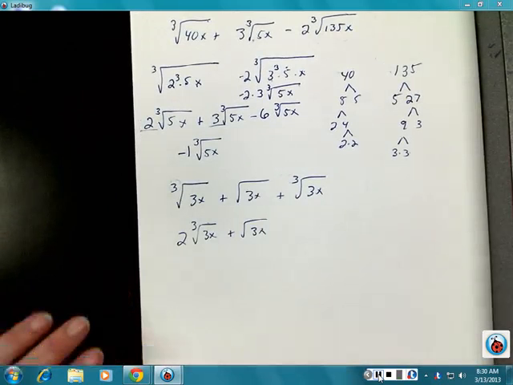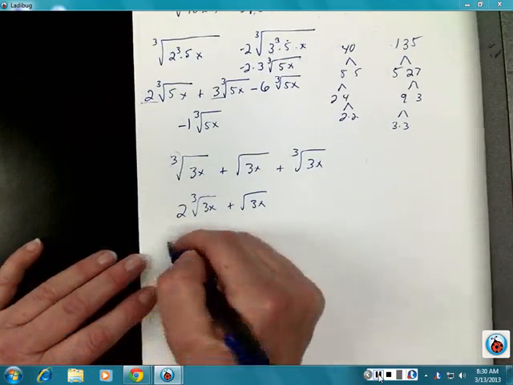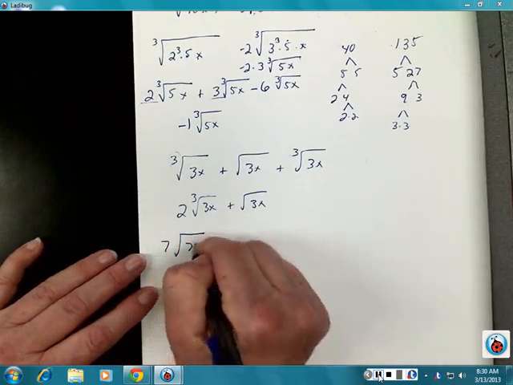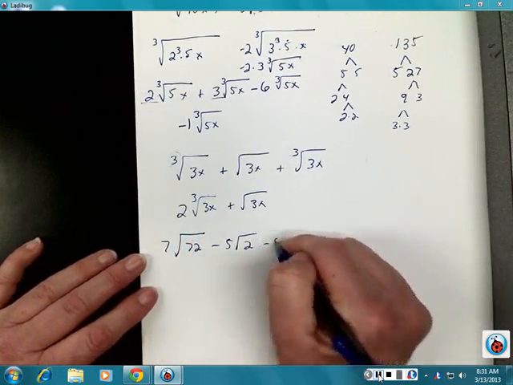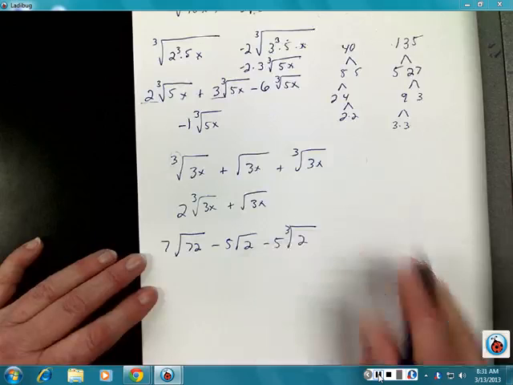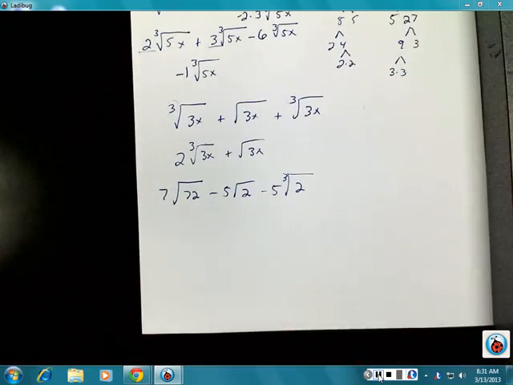How about this one? 7, the square root of 72, minus 5, the square root of 2, minus 5, the cube root of 2. What's going to happen with that thing? And can I pull anything out of it?